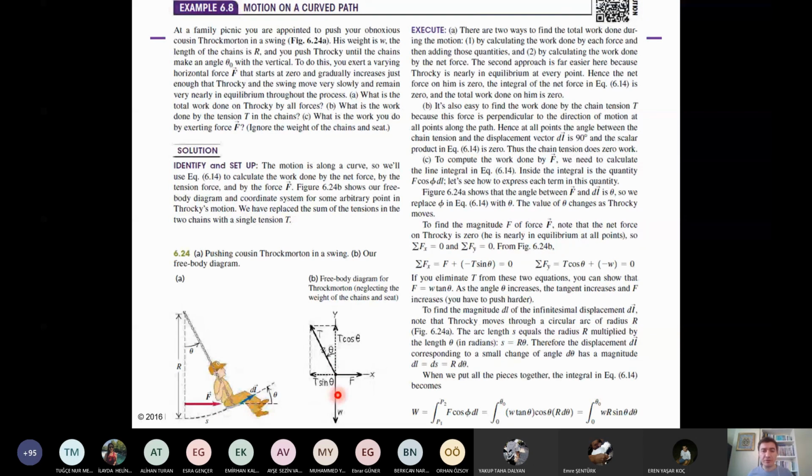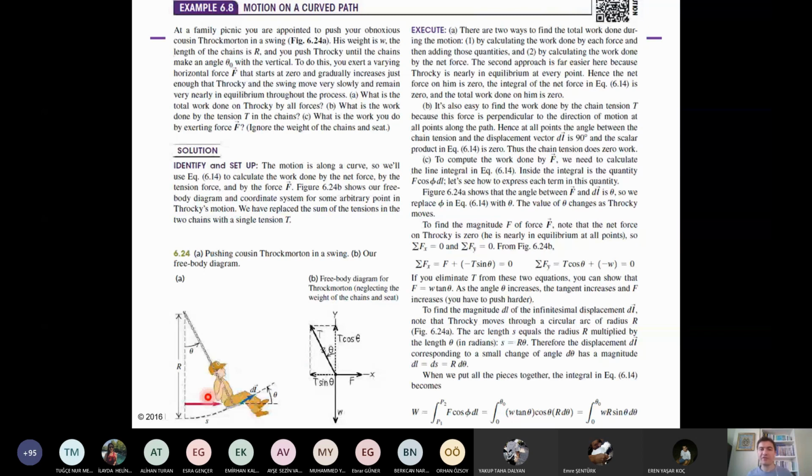And this tension force has two components. One is the vertical component, which is given by T times cosine theta. Here we have theta. With this relation, you can write this one. And this is the horizontal component of the tension force, T times sine theta. What about other forces? There is another force you apply, the push force to the right side, acting on this guy.